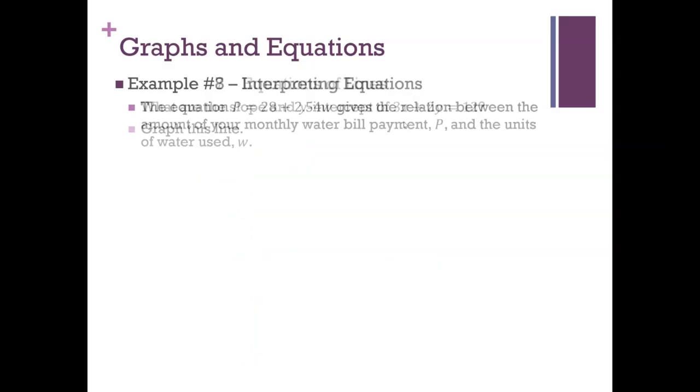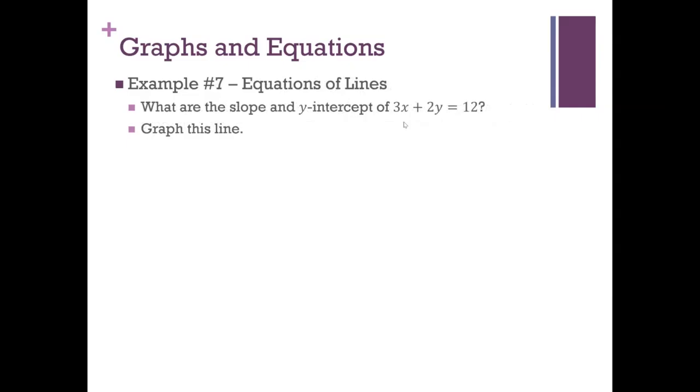What are the slope and the y-intercept here? Sorry. So we don't know. We can find the slope and the y-intercept, but we can't just read it off the way this is written. But if I can make it look like this, y equals mx plus b, that'll give us the information we want.